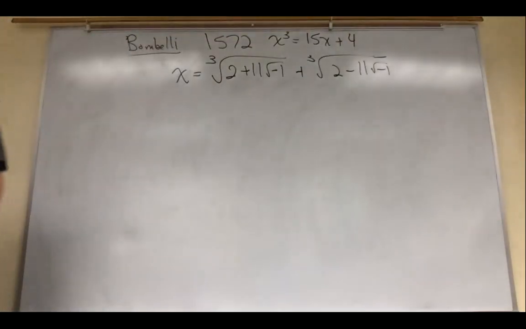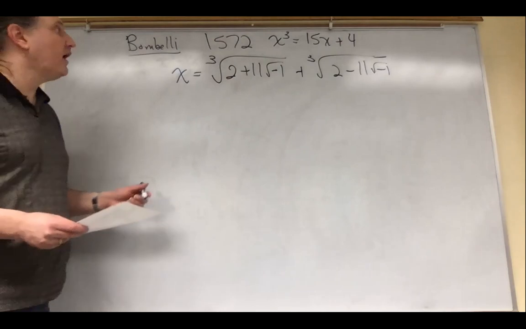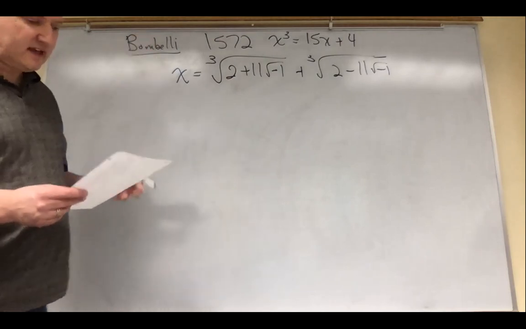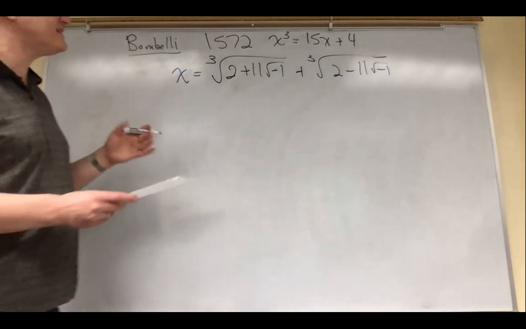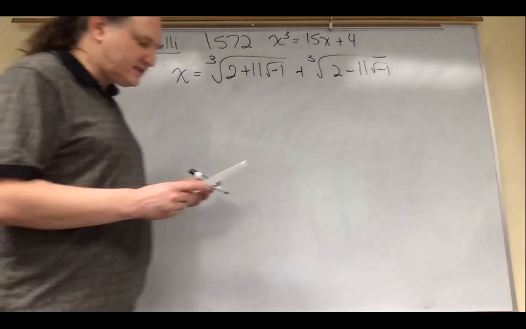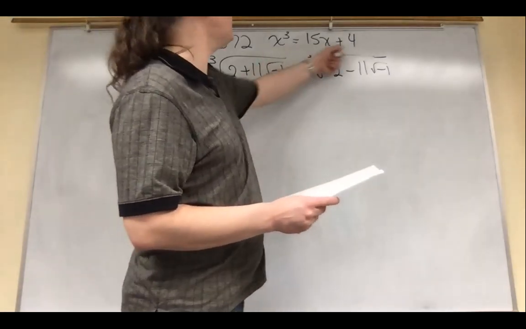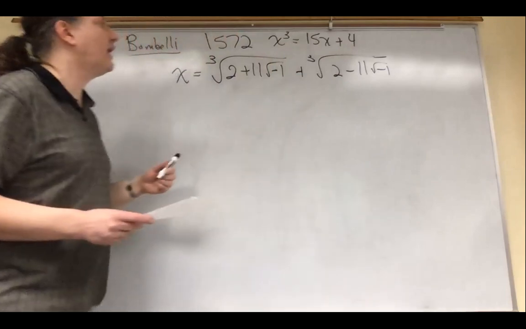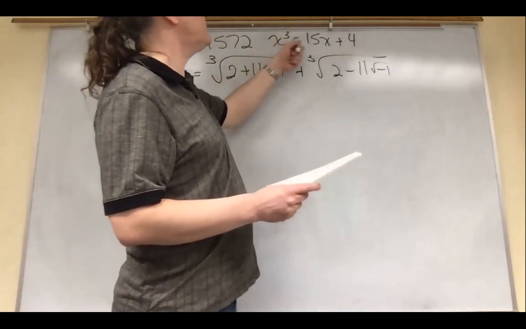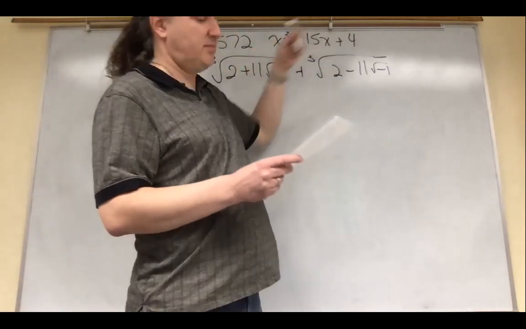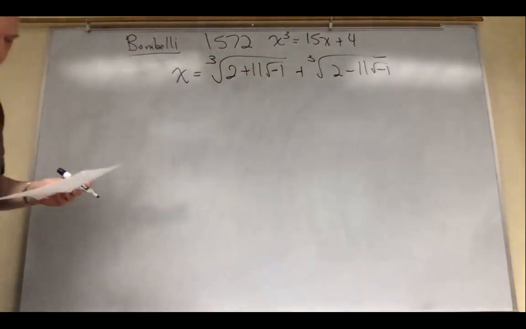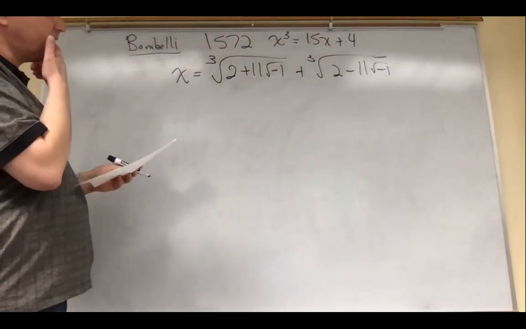All right. So what Bombelli does, he says, well, how do I make sense out of this? He notices, to start with, that 4 is a root here. 4 cubed is 64. 4 times 15 is 60, plus 4. Oh, so 4 is a root there. Well, that's interesting.